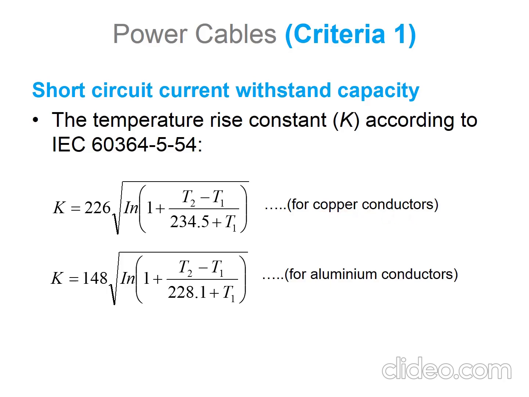And this equation for K is for aluminium conductor. The equations are almost the same, but the difference is the coefficient. The coefficients are different because the type of conductor is different.